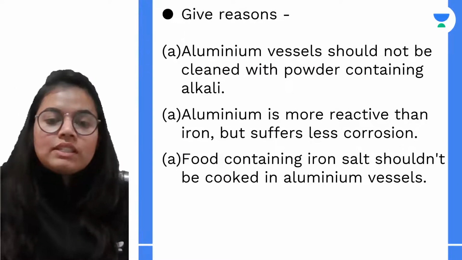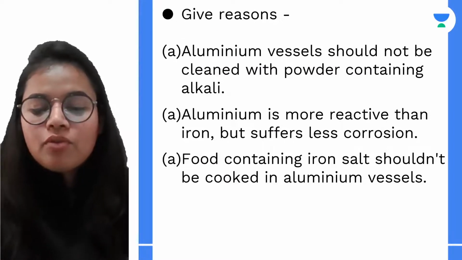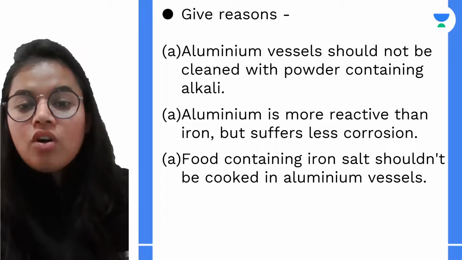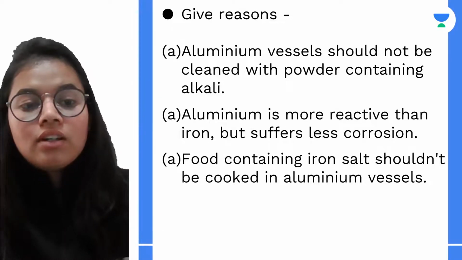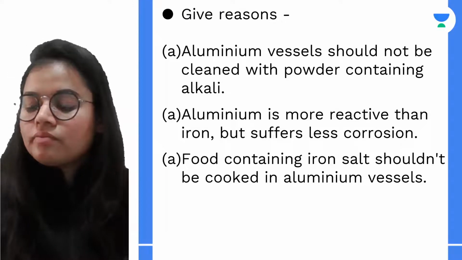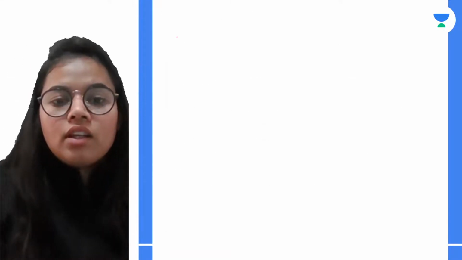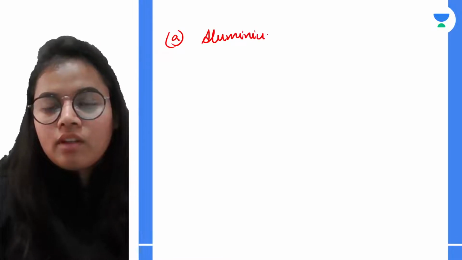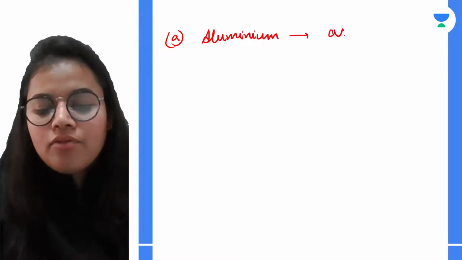Alright, next are the give reason type of questions. Aluminium vessels should not be cleaned with powder containing alkali. Now if I talk about aluminium, it is an amphoteric metal.